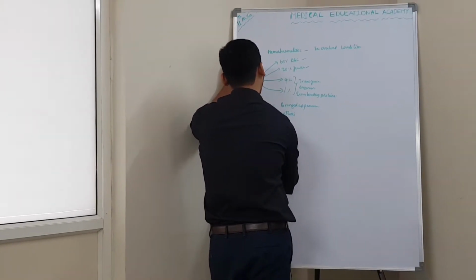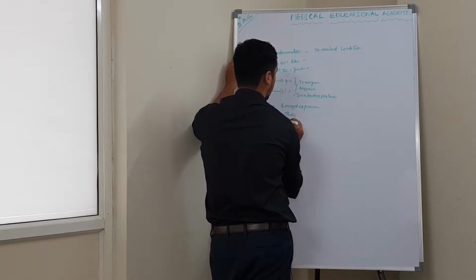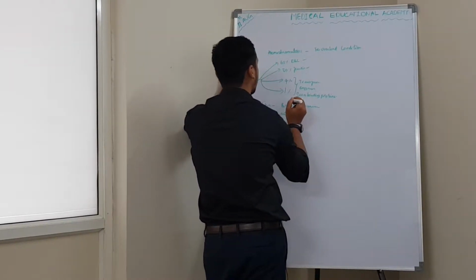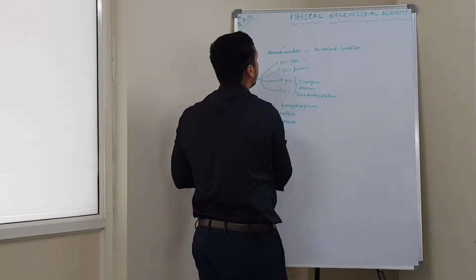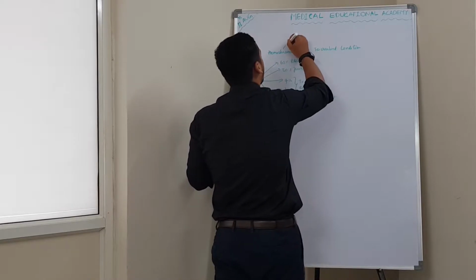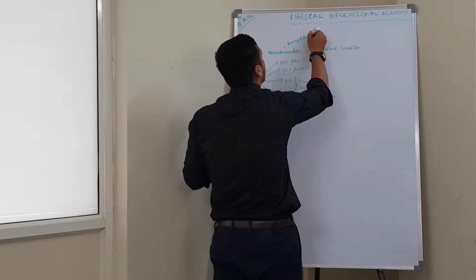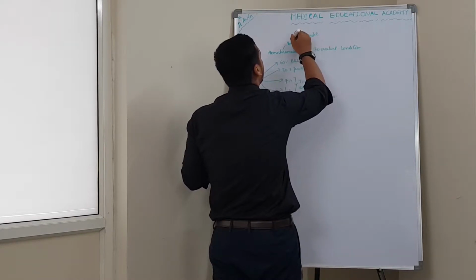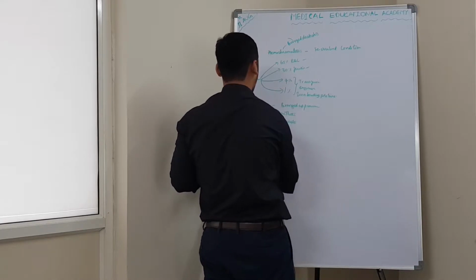If it is in the pancreas, you would have diabetes. So that's how the name comes, bronzed diabetes. So bronzed as in skin, and diabetes as in pancreas, right?